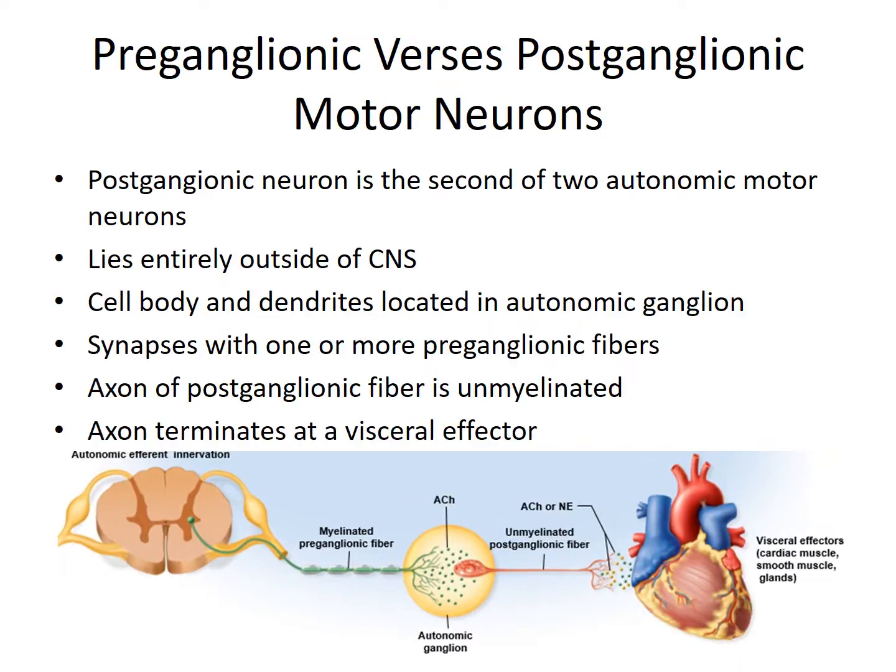The postganglionic neuron is the second of the 2 autonomic motor neurons. And in contrast to the preganglionic neuron, it lies entirely outside of the central nervous system. Its cell bodies and dendrites are located in the autonomic ganglion, and it is capable of synapsing with 1 or more preganglionic fibers here.